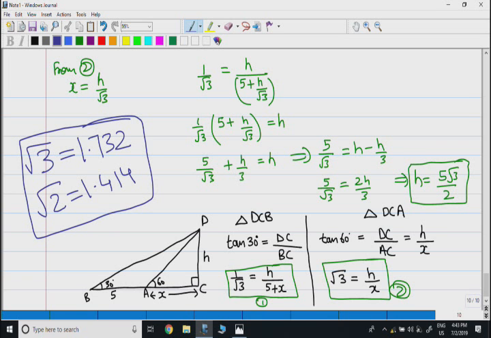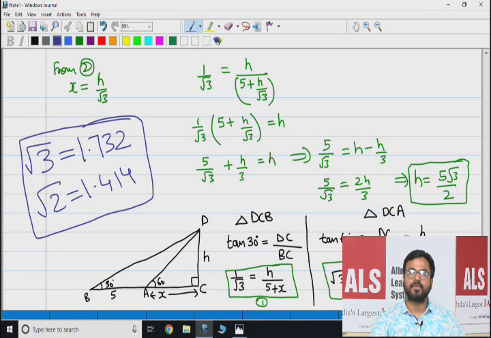So I have discussed majorly two types of questions. The first one was only the single triangle, in which one angle and one side will be given to you. Using that, you have to find the other two sides.